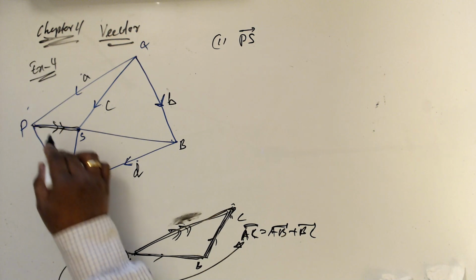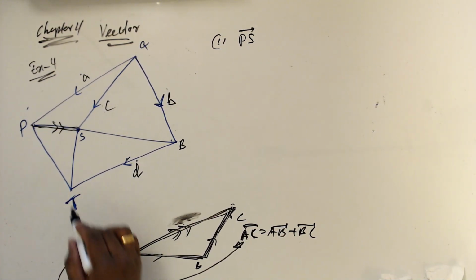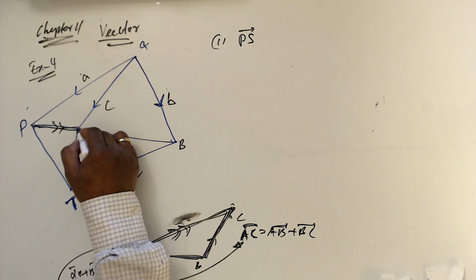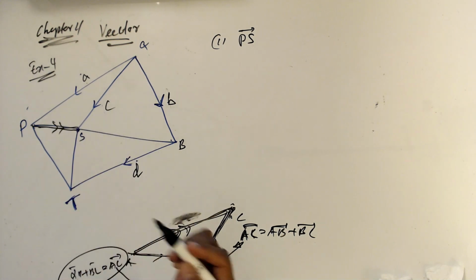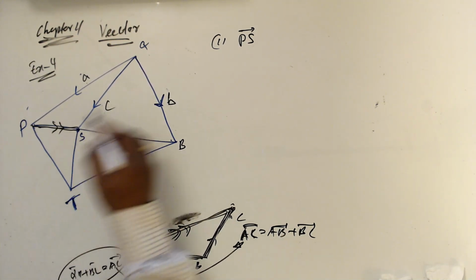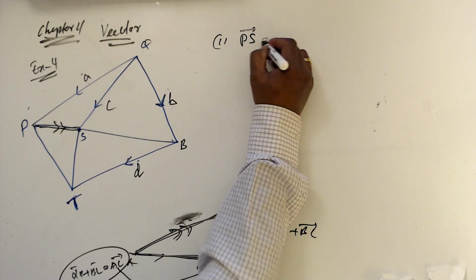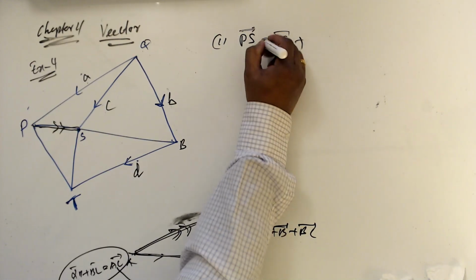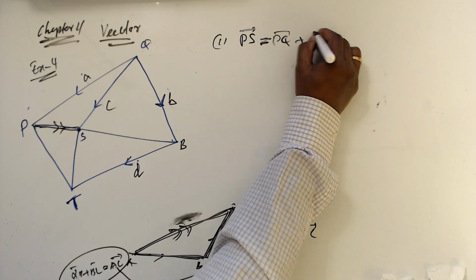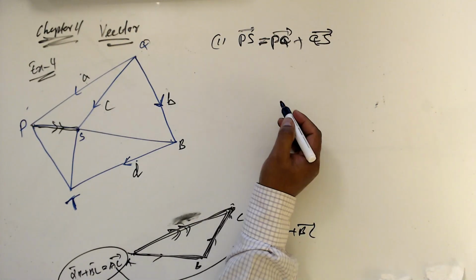Now I want to find PS. PS means what? Now I need a triangle. I have two triangles, but this triangle is more meaningful. Why? Because I have A and C. Now I can write PS means PQ plus QS.